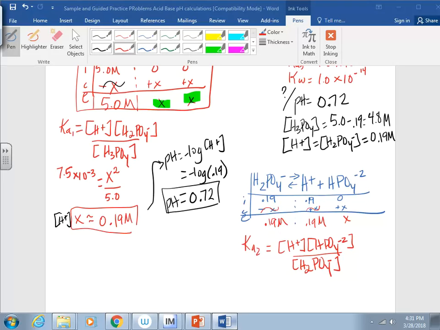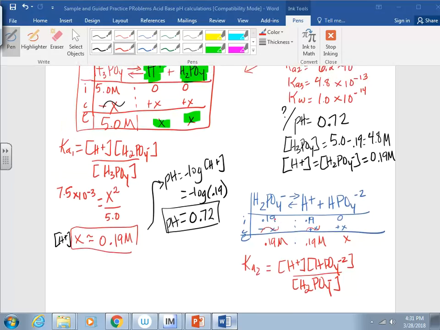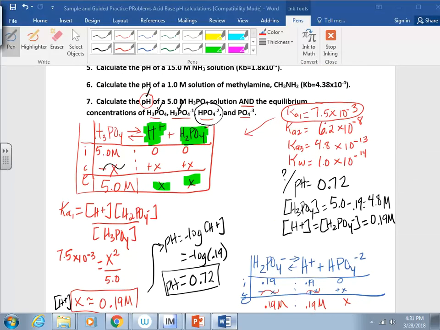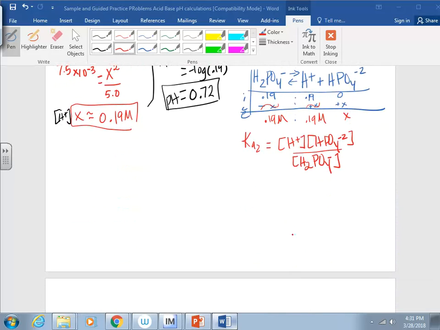Now, pulling these numbers in, remember from the beginning our Ka2 value was 6.2 times 10 to the negative 8, so I'm going to plug that in. 6.2 times 10 to the negative 8 equals, now plug in your 0.19 for the hydrogen, x for your hydrogen phosphate ion, and then 0.19 for your dihydrogen phosphate ion.